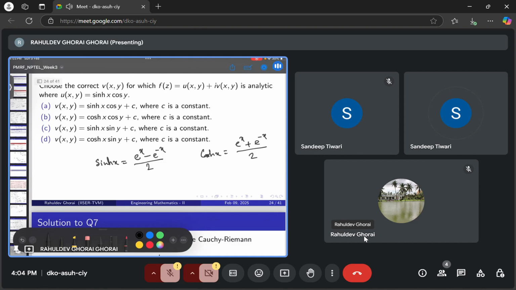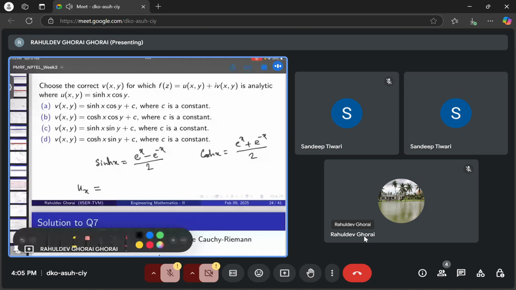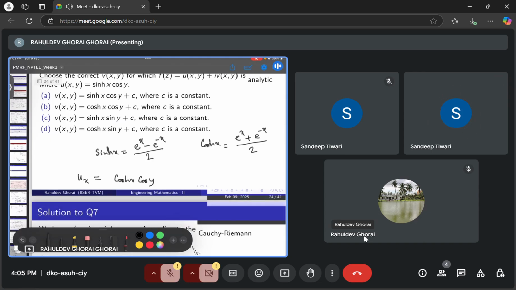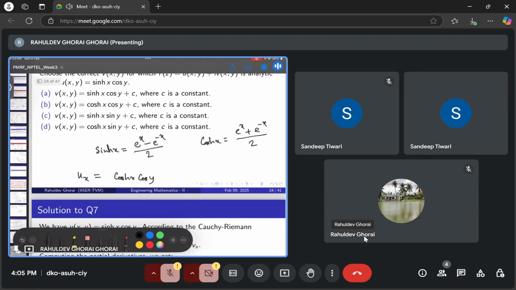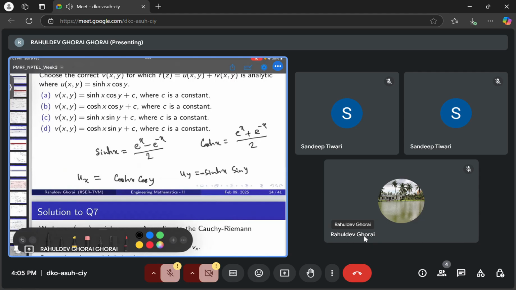So when you take the derivative of sine hyperbolic x, that will be cos hyperbolic x, no sign negative and all these things. So ux in this case will be cos hyperbolic x times cos y, and uy will be sine hyperbolic x times minus sine y. So what will be our Vx?